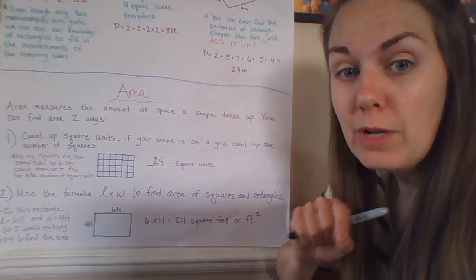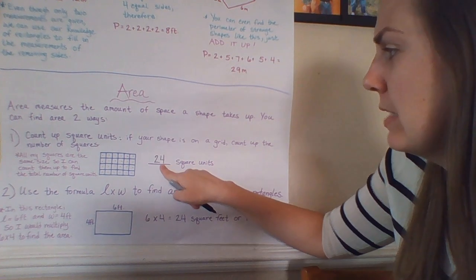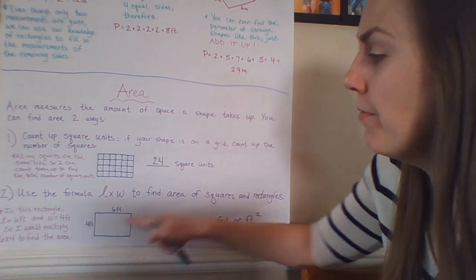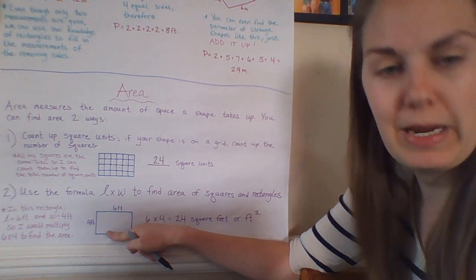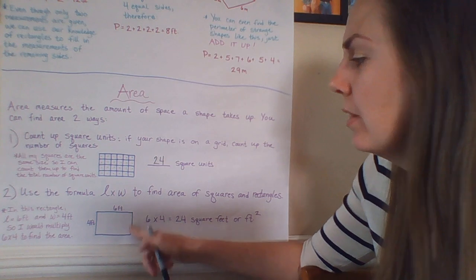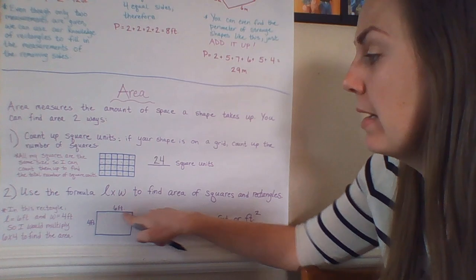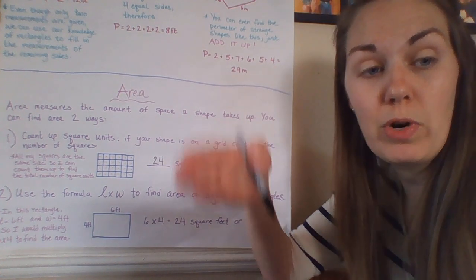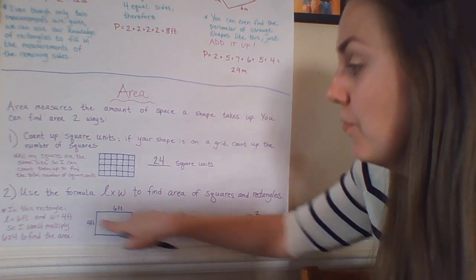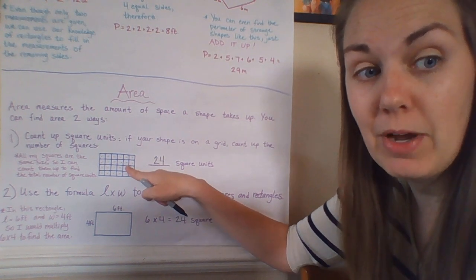Now, what's cool about this, and what's cool about the example that I used, is that on the top, you'll notice that I had 24 square units here and 24 square feet here. So if I were to take my rectangle, and if I were to draw out 6 equal lines for the 6 feet, if I were to break up my length into 6 portions, and then I were to take my 4 feet and break that into 4 equal portions, it would create the exact same grid that I have up here.